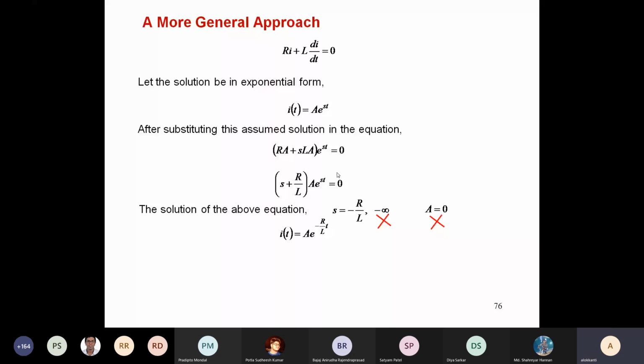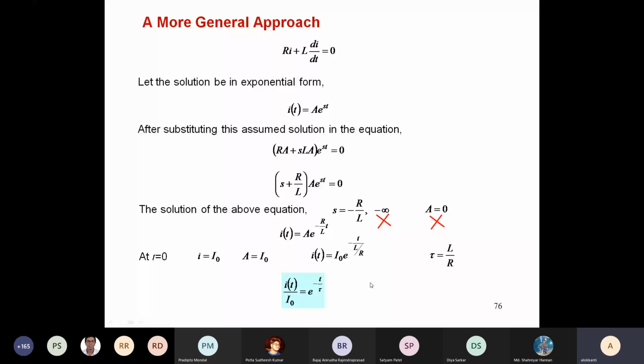Putting the condition at t equal to 0, we get I equal to I naught. So A becomes I naught, and I(t) equals I naught e to the power minus t by L by R. This L by R we are substituting by a new term called tau, and so the expression becomes I(t) by I naught equal to e to the power minus t by tau.